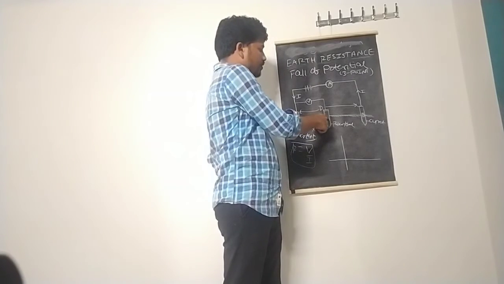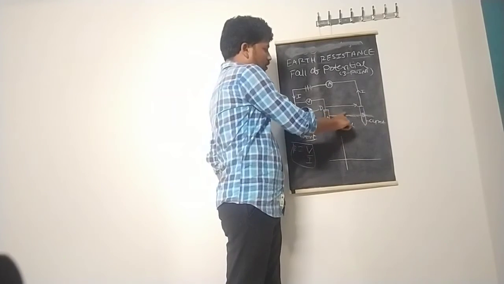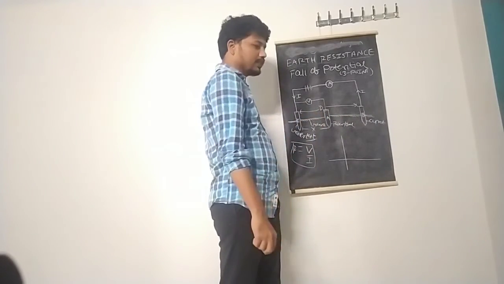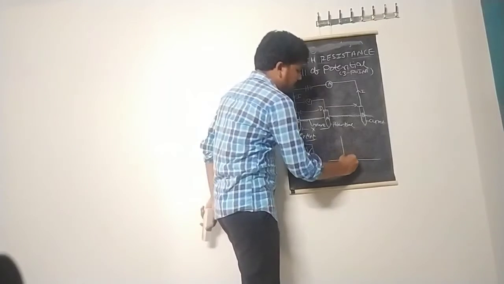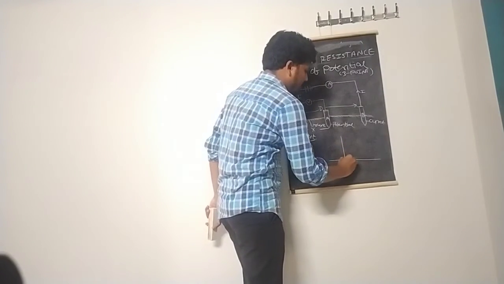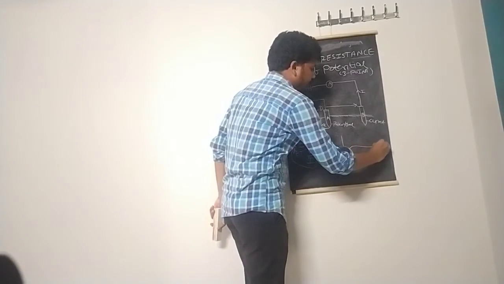If the auxiliary electrode is towards capital B, it has some other value. So based on the position of this mobile electrode, the earth resistance Re changes in this fashion.